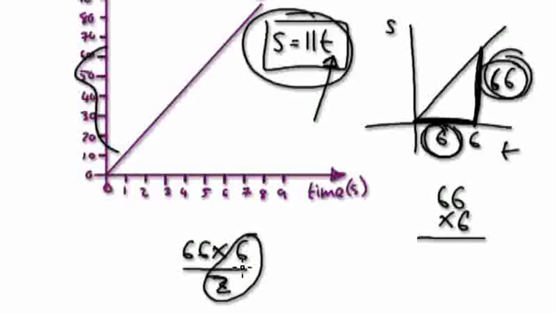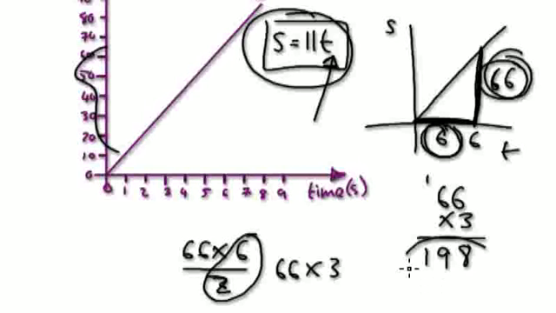I'm just going to merge these together, so ultimately it boils down to 66 times 3. So 66 times 3: this will be 18, carry the 1, this will be 19. So this will be the distance traveled. I don't need to divide by 2 because I've used the 2 to merge it with the 6.